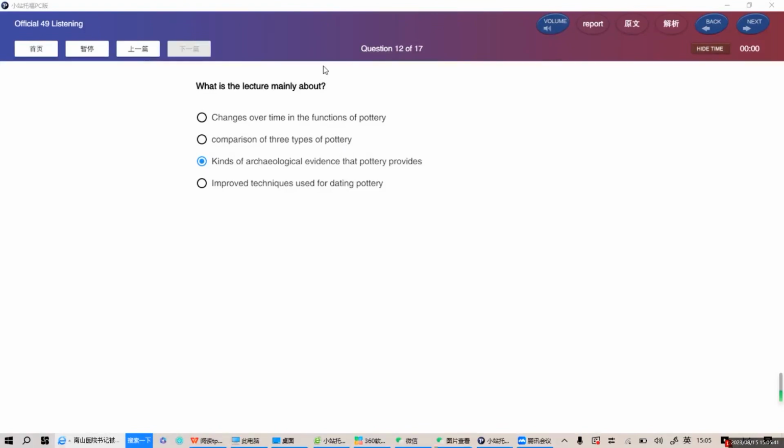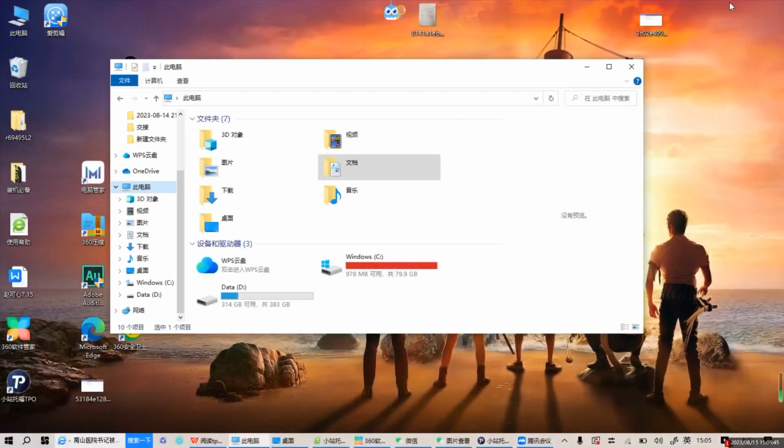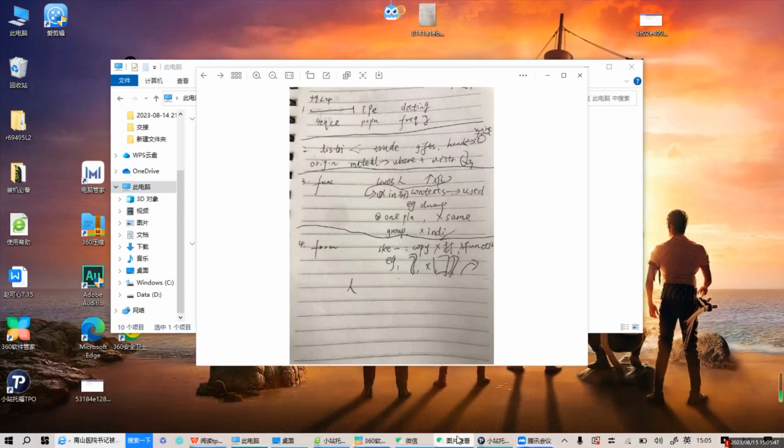So let's look at the question. In this lecture, let's see, I made a note here. From the note, I found out that it is a parallel structure. You see, I listed 4 points. So the first one is about the evidence of time period.